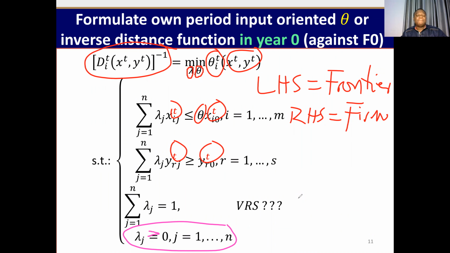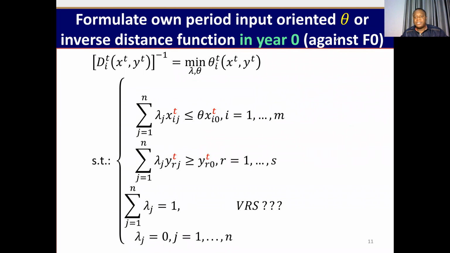My interest basically is for you to understand the T and where they are located, because that would determine the firm in question or the frontier in question. If you don't get it, you might raise your hand and I'll just go over it.